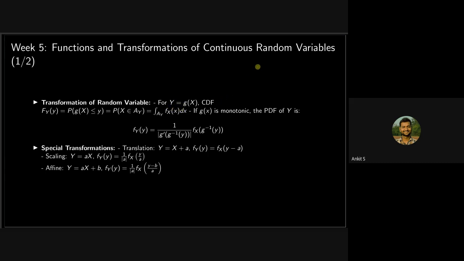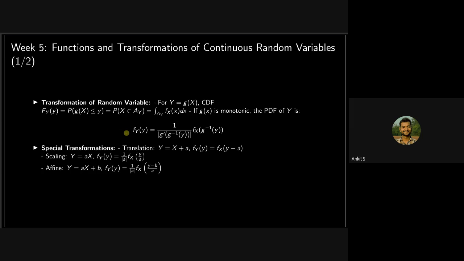Okay. So in the discrete case, we had a random variable x. We defined another random variable y in terms of x, and then we tried to find the CDF or PMF of y. Here we are trying to do the same thing. There were actually two methods for this.